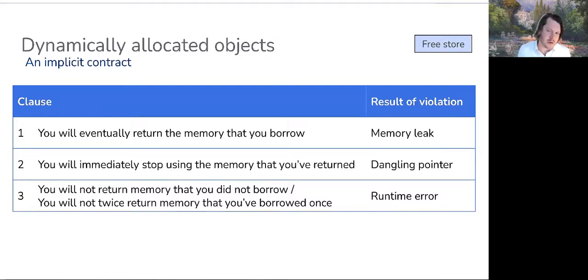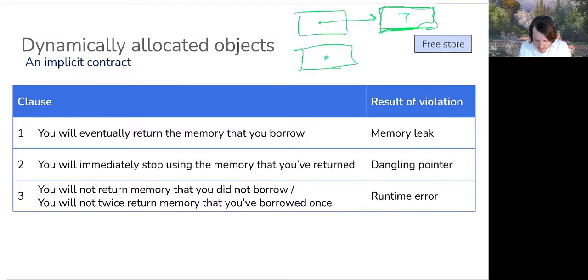We talked about how it's always best practice that after we've deallocated the memory associated with an object, we update the pointer to no longer point to it. And then finally, the third clause was we will not return memory that we did not borrow, and we will not return anything twice. We've gone through and illustrated how if we do violate this clause, a runtime error will result.